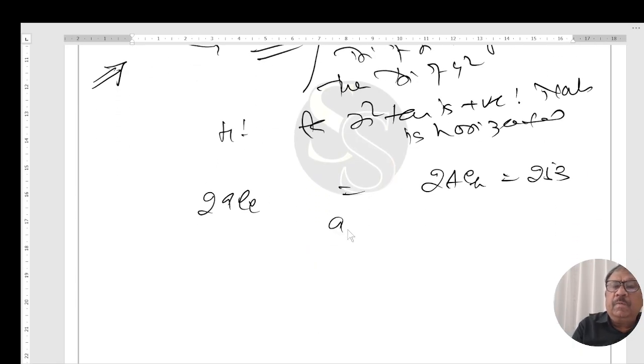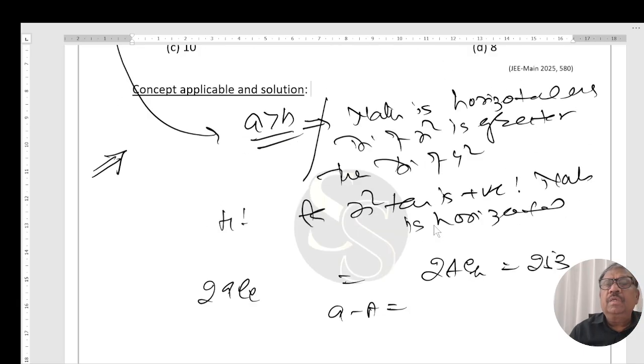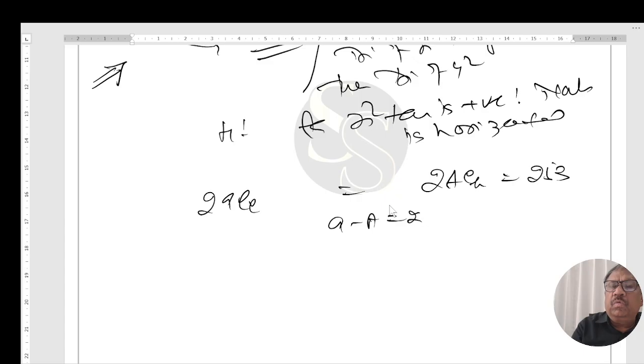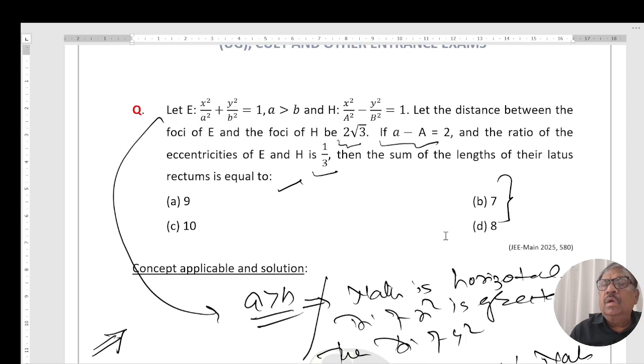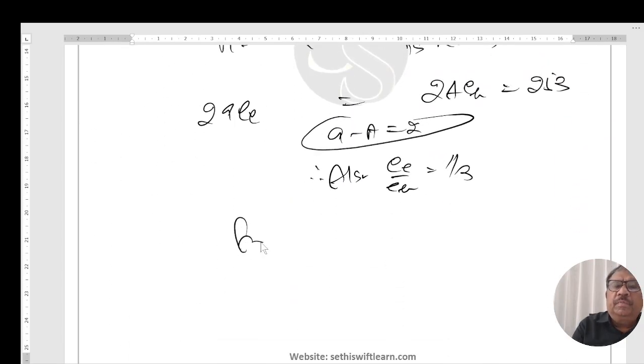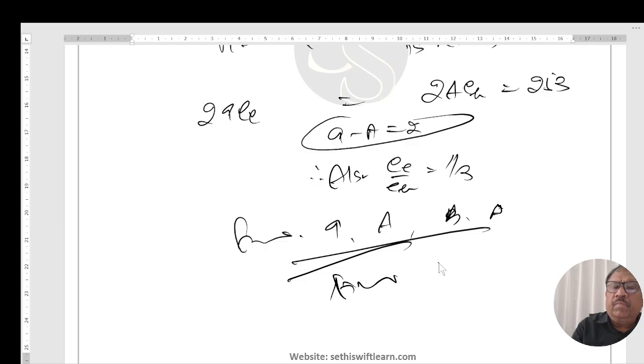And a minus A is given as 2. Using these relations, and also it is given that e upon e_H equal to 1 by 3, find a, b and A, b. Okay? Then find the sum of the latus rectums.